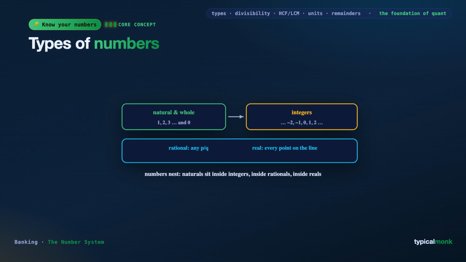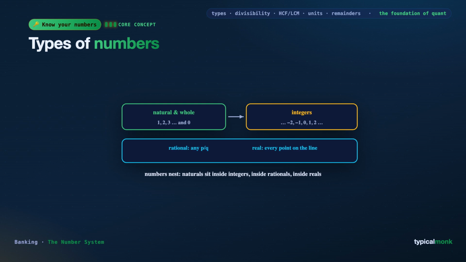Widen once more. A rational number is any number you can write as a fraction, P over Q, one number divided by another, which includes all the integers, all the ordinary fractions, and all the terminating and repeating decimals. And the widest common family, the real numbers, is essentially every number that sits somewhere on the number line, including the irrationals like √2 or pi that no fraction can capture exactly.